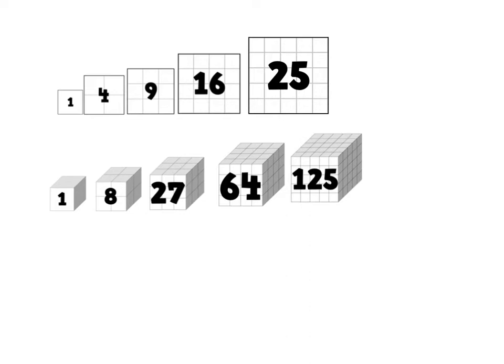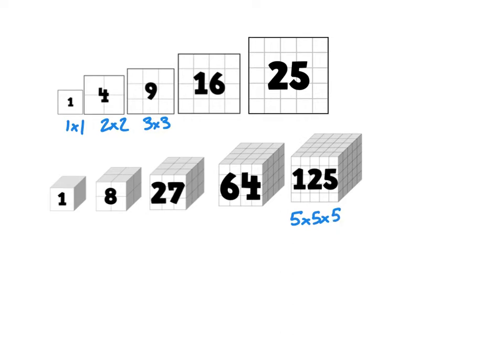What this basically means is that we could make a square with an area of 1 by making it a 1 by 1, an area of 4 by making it a 2 by 2, an area of 9 by making a 3 by 3, etc. And with our cubes, the same logic applies. So let's look at the highest one. We have 5 by 5 by 5 for our dimensions of our perfect cube.